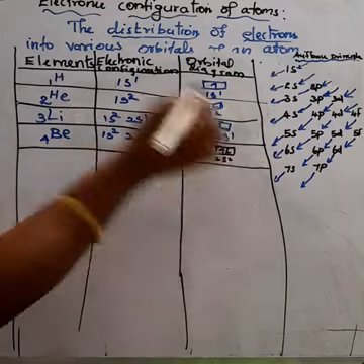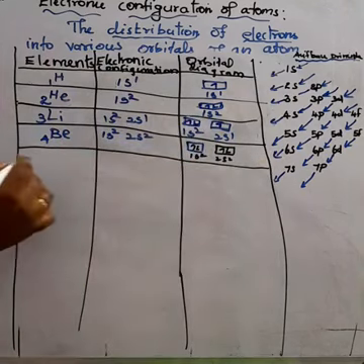After that, boron. What is the atomic number of boron? 5.